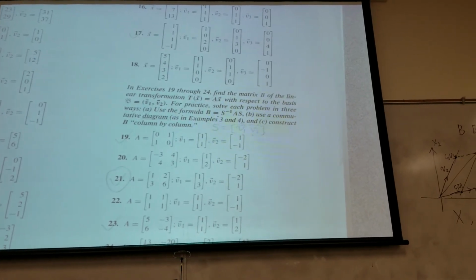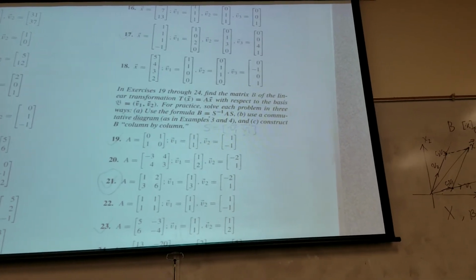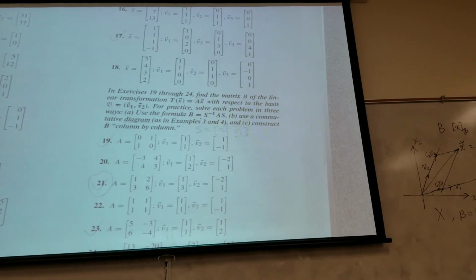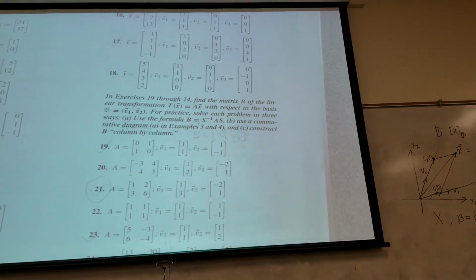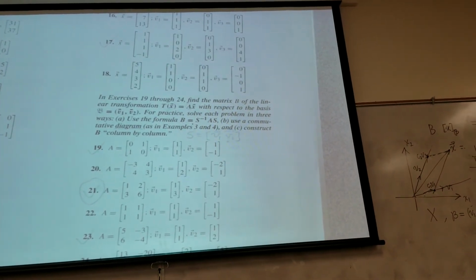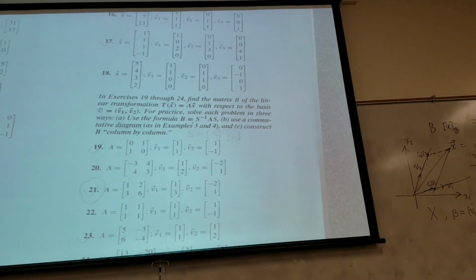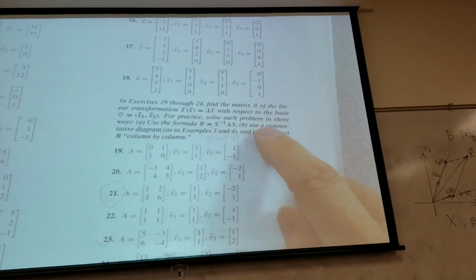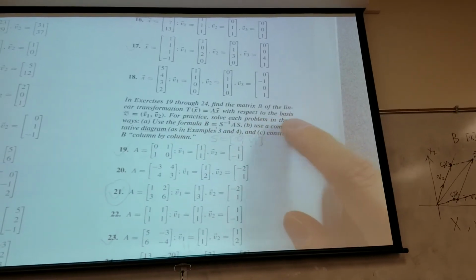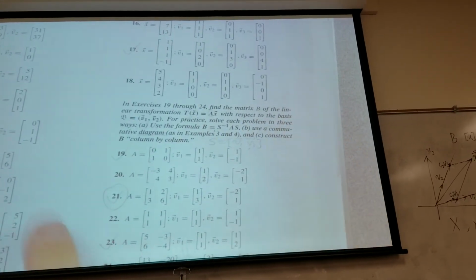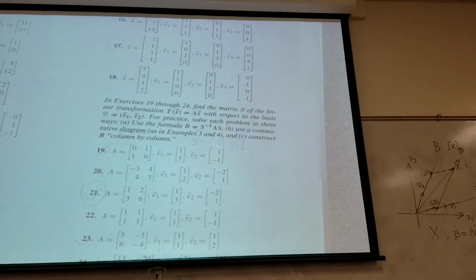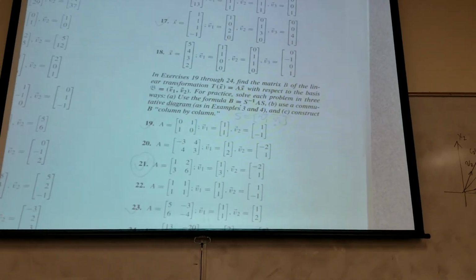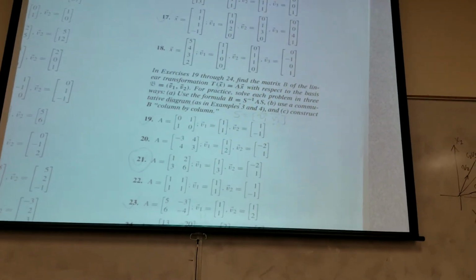So this T is linear, so T is Tx itself without the coordinates, right? Tx is A times x. Relative or with respect to the basis B. This basis B1, B2 is given.